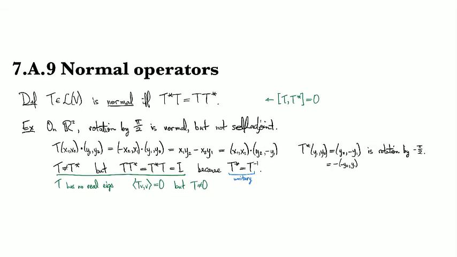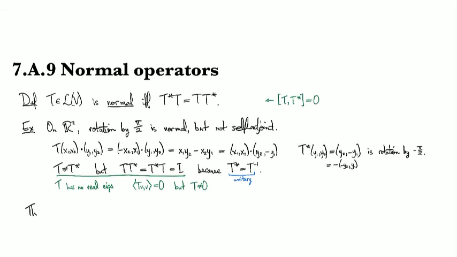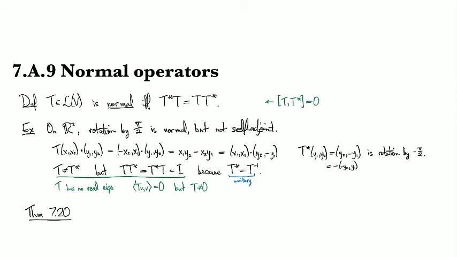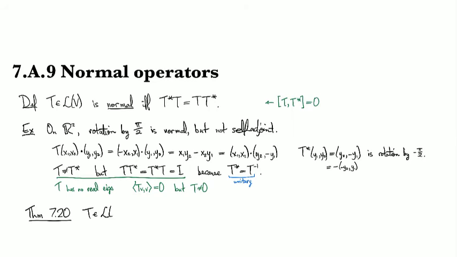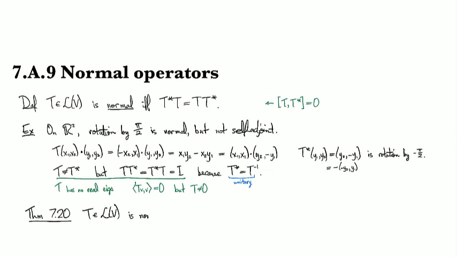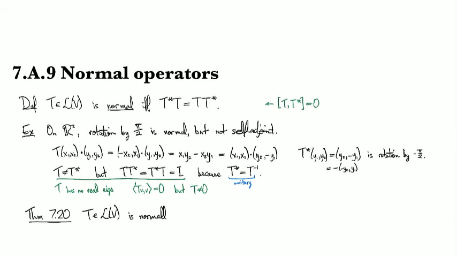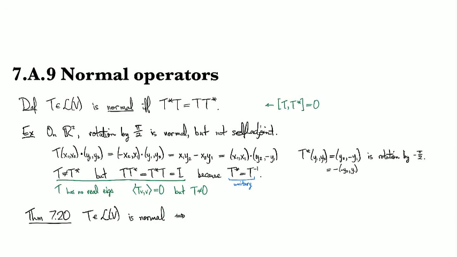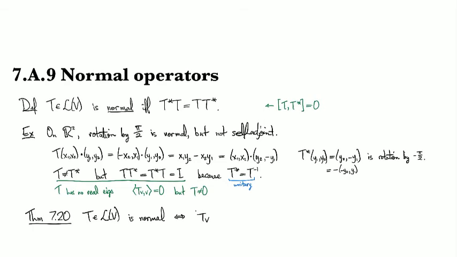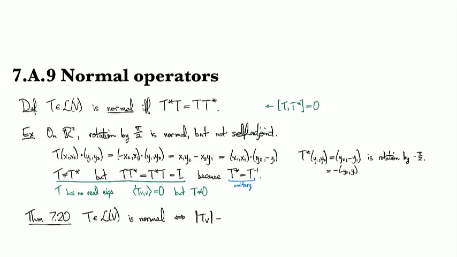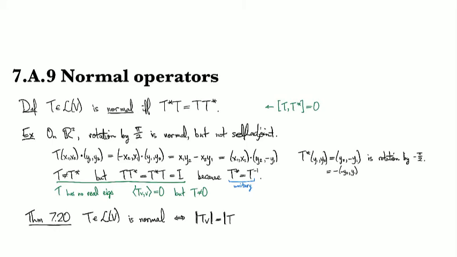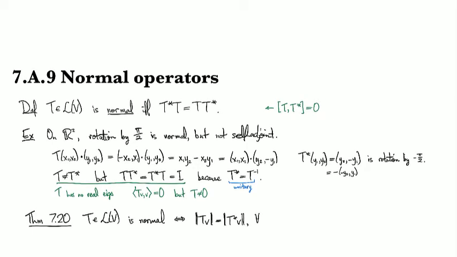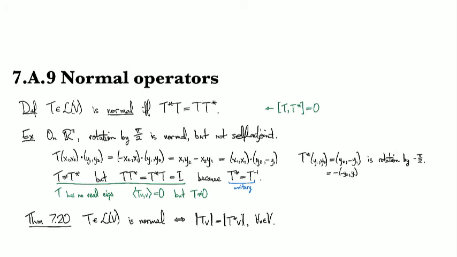Okay, so for a quick little pickup result about normal operators, we have that an operator is normal if and only if it preserves the norm, that is, ||Tv|| = ||T star v|| for all vectors.